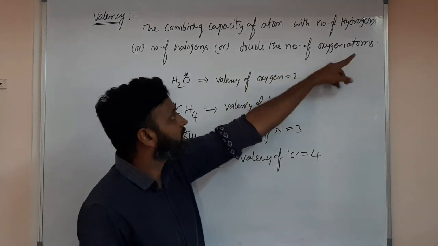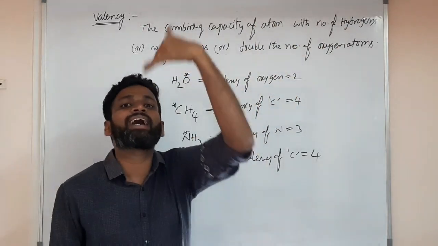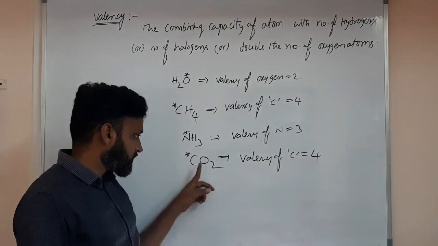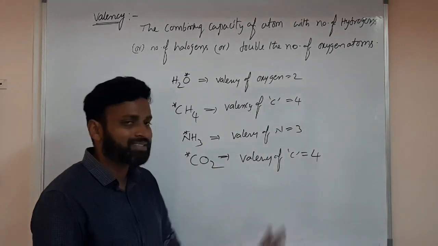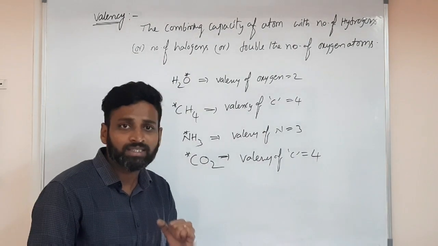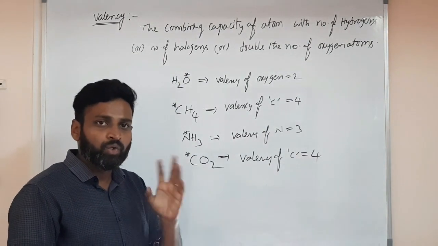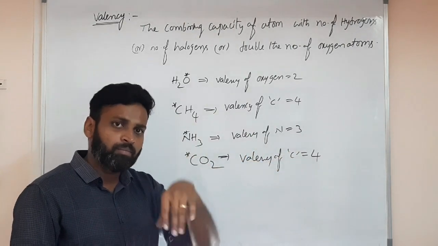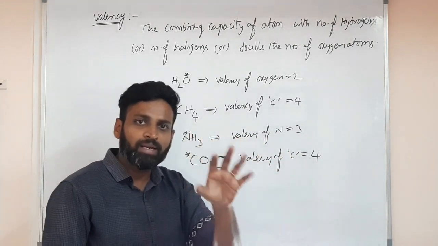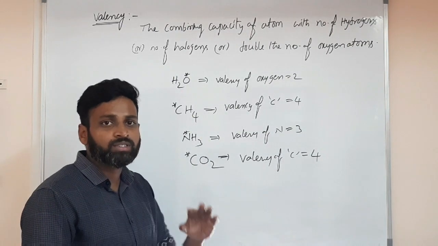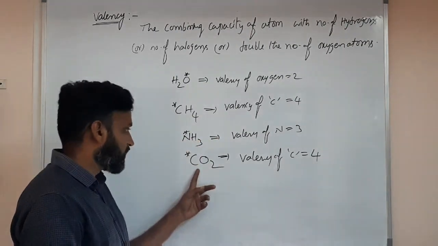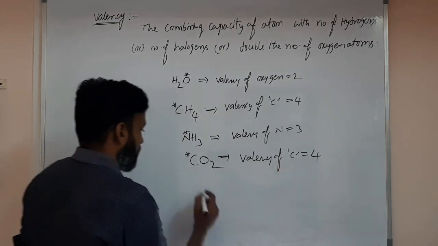Double the number of oxygen atoms we have to consider as valency. 2 oxygens combined with carbon, so for 2, double, 4. 4 is the valency. Understood? What is the reason? I am not saying blindly that 2 oxygens combined gives 4, 3 oxygens combined gives 6. Each oxygen can form 2 bonds, which means 2 oxygens will form 4 bonds. So in CO2, valency of carbon is 4.